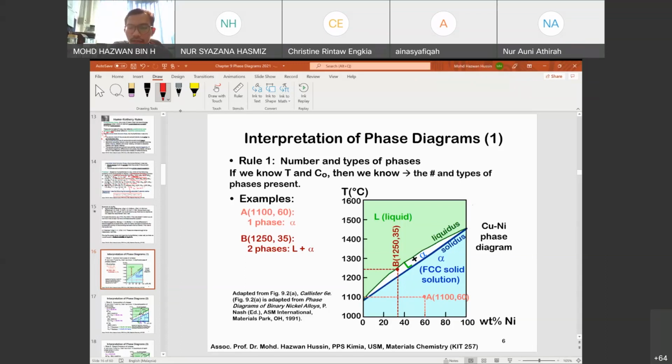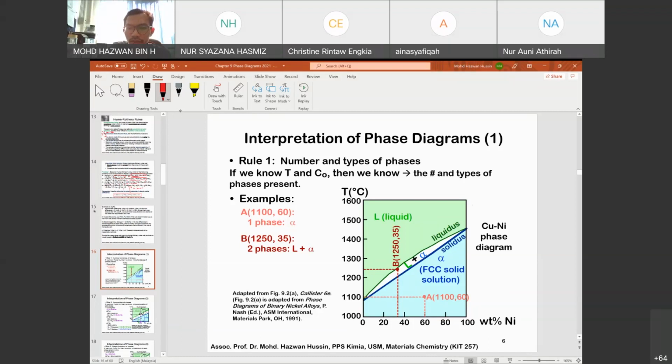Okay, so next we have point B. Point B is located somewhere here, inside the white range. The composition is around 35% nickel with the remaining 65% copper, and the temperature is 1250.